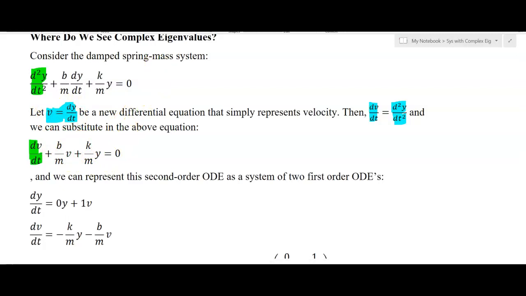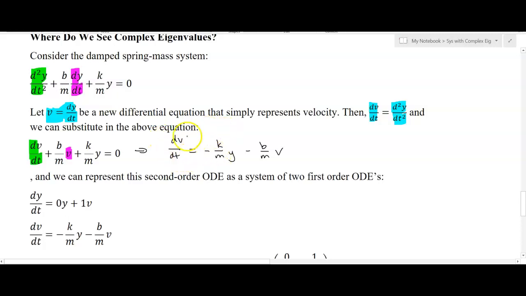The other thing we're going to do is substitute dy dt, replacing that with v because that's the substitution we initially made. And if I isolate dv dt by moving everything else to the other side, then I'll have minus k over m y minus b over m v. And now I have two equations.